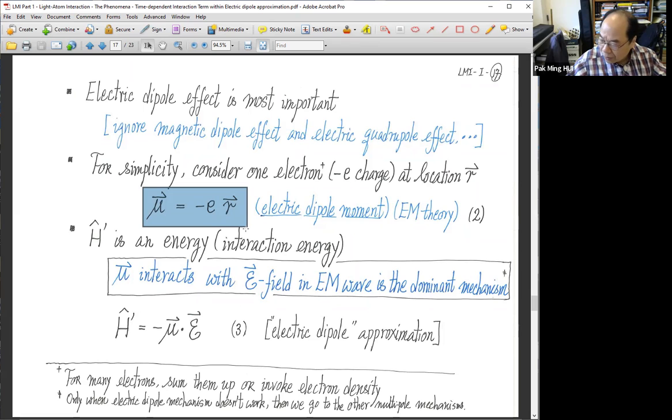I don't know whether you know this. If this is the charge density at a position R prime, okay? And then this is the electric dipole moment of a charge distribution described by the charge density. Have you learned this?